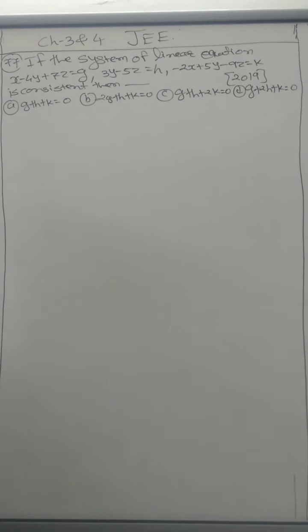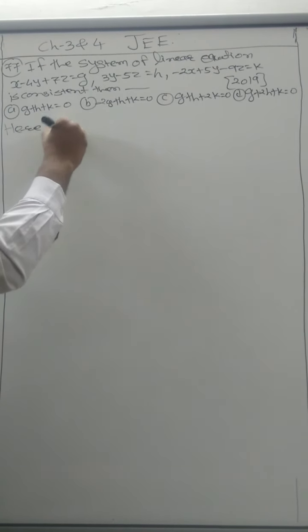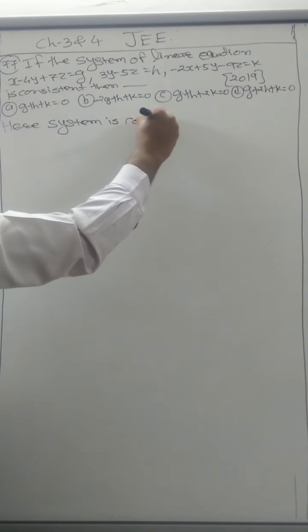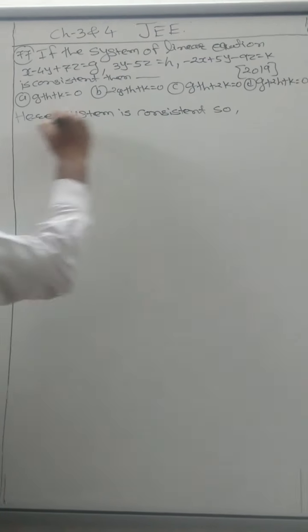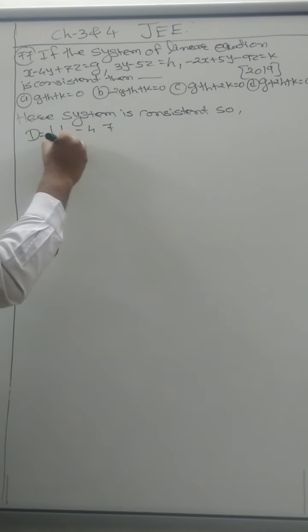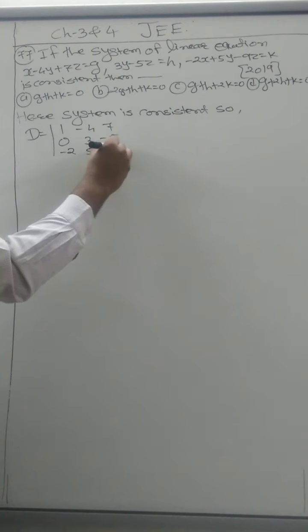So first of all, the system is consistent. So D is equal to the determinant 1 minus 4 7, 0 3 minus 5, minus 2 5 and minus 9.